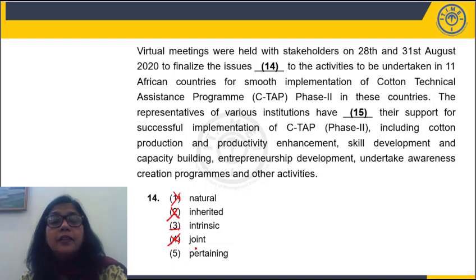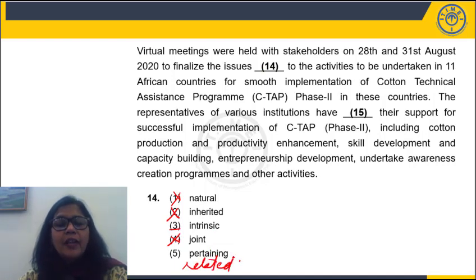Yes, let's read again. Finalize the issues pertaining to the, related to is the word that, so which word matches with related to? And when you say intrinsic to, that means they form the basic or the core part, right?